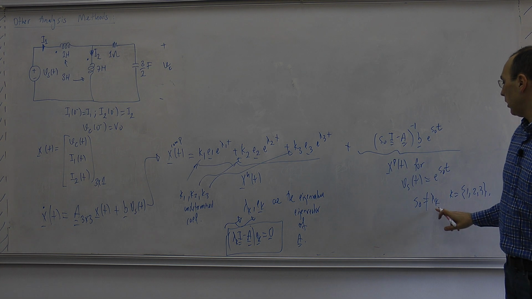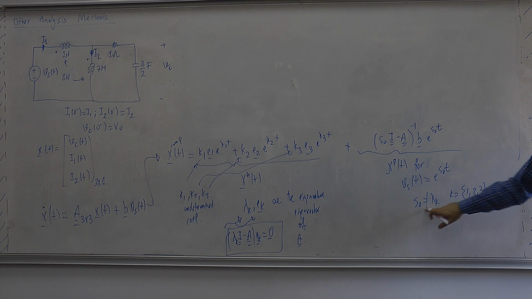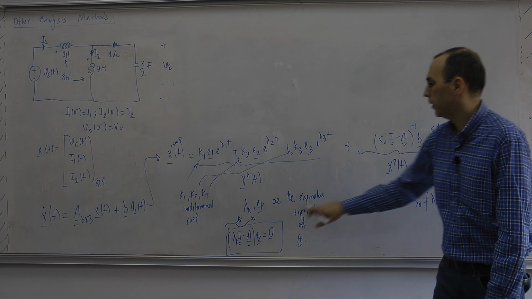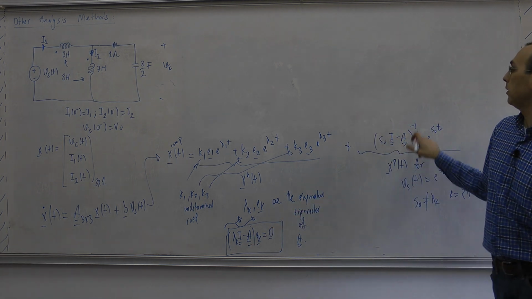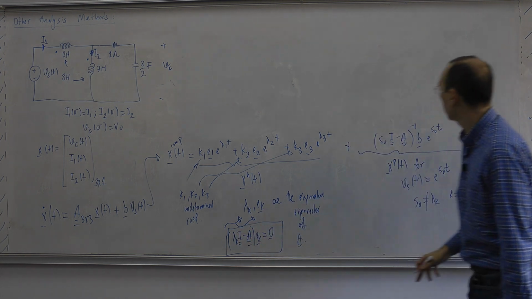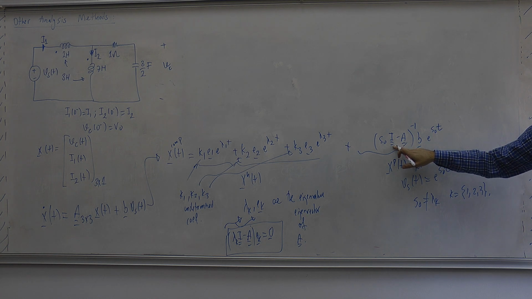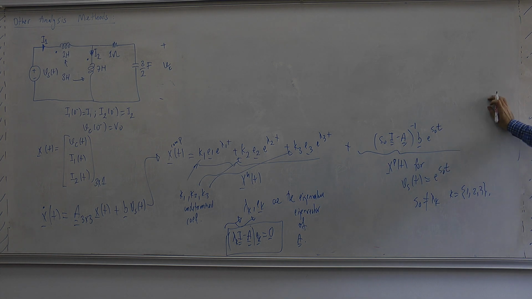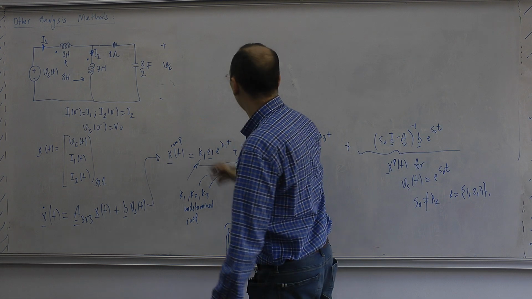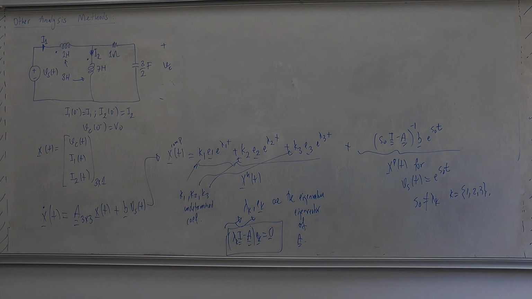So as you see, if s naught is not equal to lambda k, then this matrix is different from this matrix. And if it is not equal to it, this matrix becomes invertible. And if you take the inverse of this matrix, do that calculation, we get the particular solution. So this becomes, as I have said, the complete solution for the state equation system.